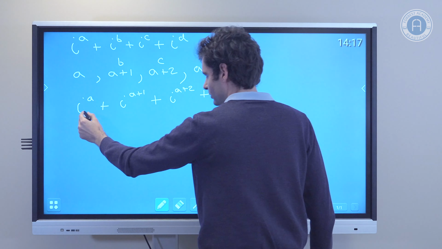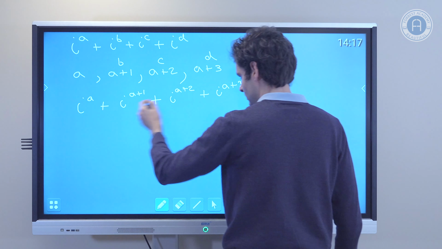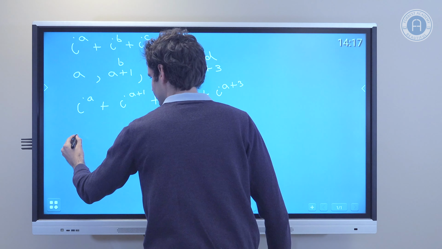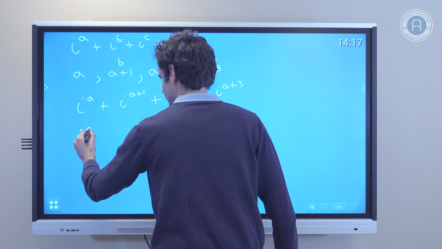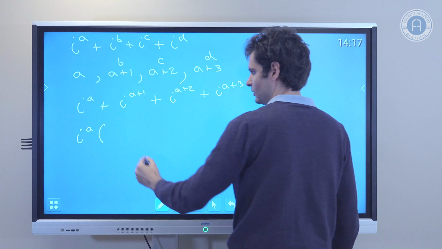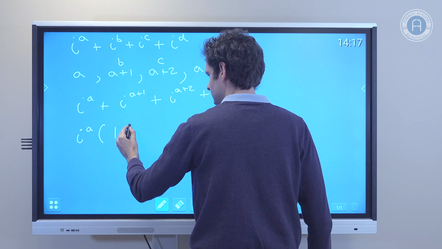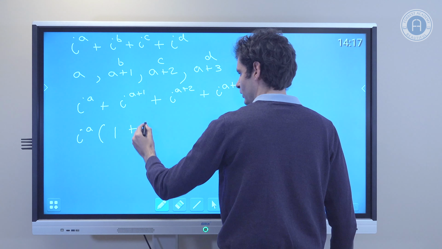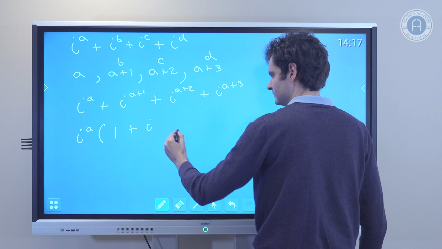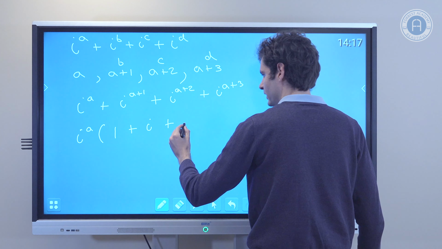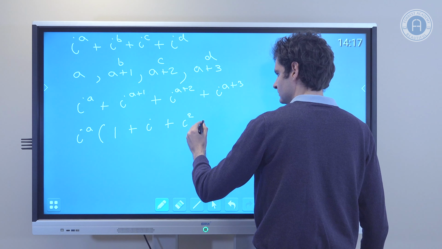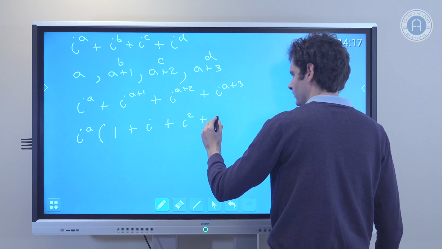Okay, so I can factor an i to the power of a from all of this, leaving 1 plus, there's one i left here, plus i squared plus i to the power of 3.